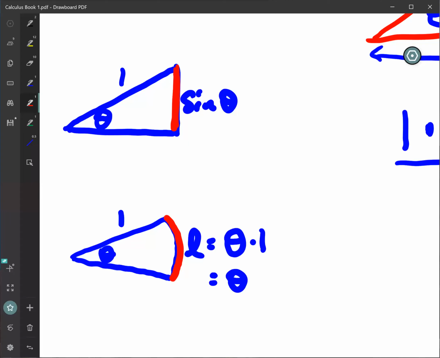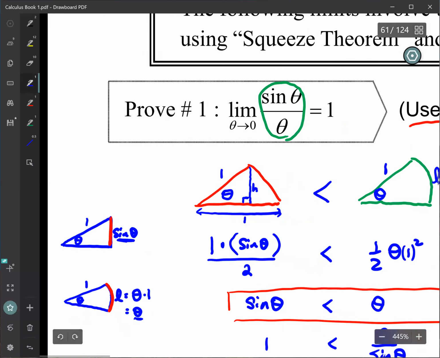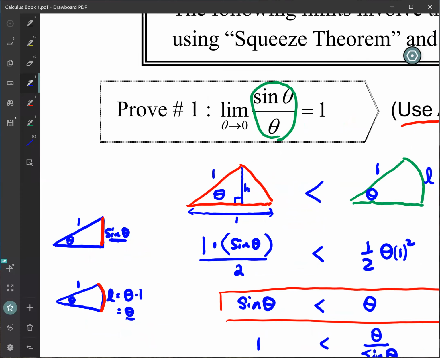When the angle gets close to 0, you cannot tell the difference between the two. So sine theta will be the same as theta when the angle is small. That's why when you divide sine theta and theta, it will equal 1. This is not a proof, but it's a way you can understand why it works. Otherwise, just having the squeeze theorem doesn't let you imagine what's happening, but with this, it makes more sense.